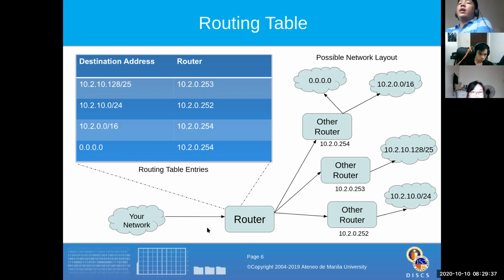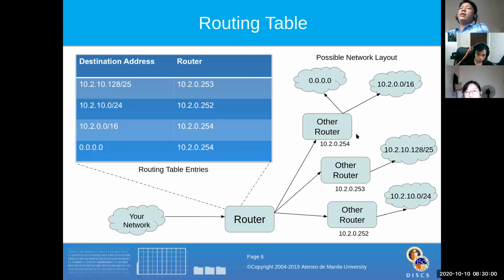I have one network, which is called your network, which router A is a member of. I have another network which this router is connected to, and another, and another, and I have one network between these routers and these routers. It can be just one network here.